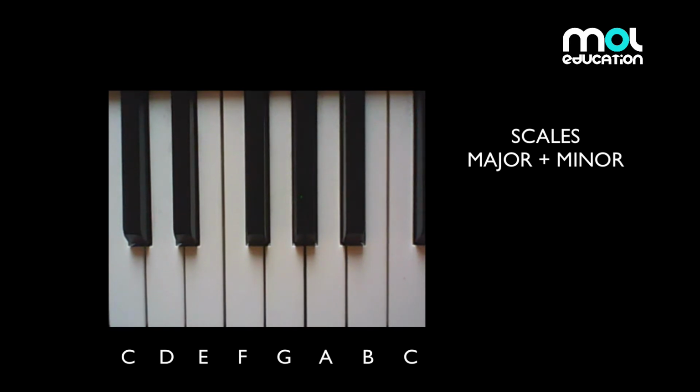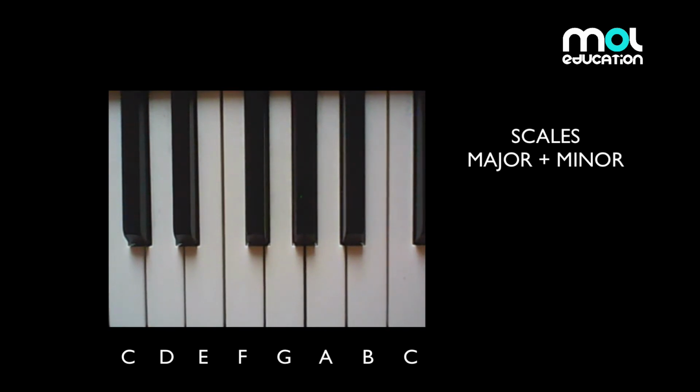The 2 scales are a major scale and a minor scale. You may have heard of these before. Major scale sounds happy, minor scale sounds sad. When you're starting off in music, these are the 2 scales you're going to want to approach first in your learning. We're going to show you how to build them off of any note.